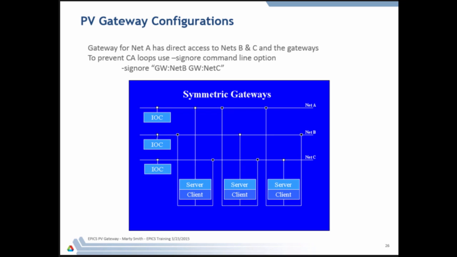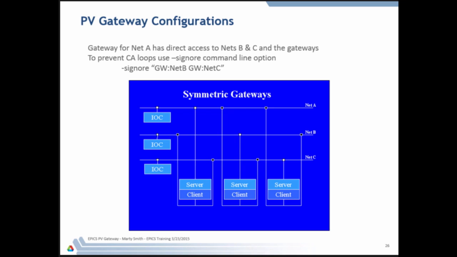The gateway for net A has direct access to net B and net C. So this would be the gateway for net A: the server side is connected to net A, but the client side is connected to both net B and net C.